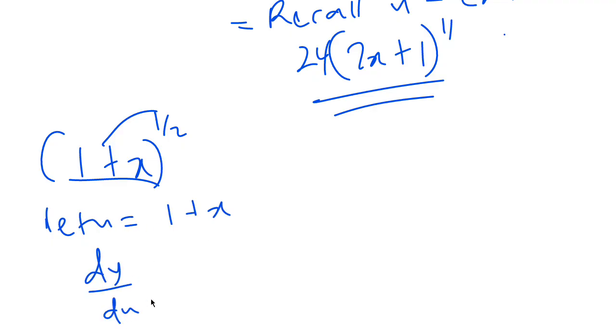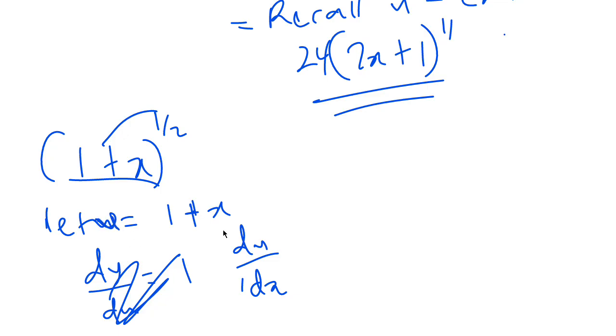That will be du over dx. The differential of 1 plus x is 1, right? You are differentiating u with respect to x. So that's 1, right? And since y is equal to 1 plus x to the power half, y equals u to the power half, right?